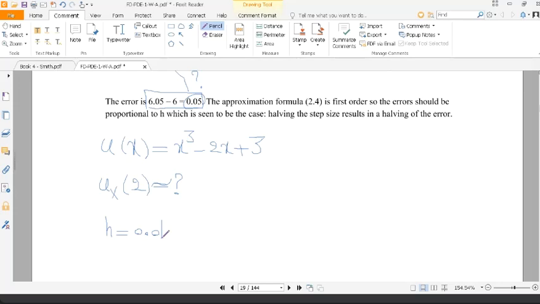Solve this problem, approximate u_x at 2 and then the error of this computation. Please solve this problem now and send me your solution via WhatsApp. Okay, I'm waiting.